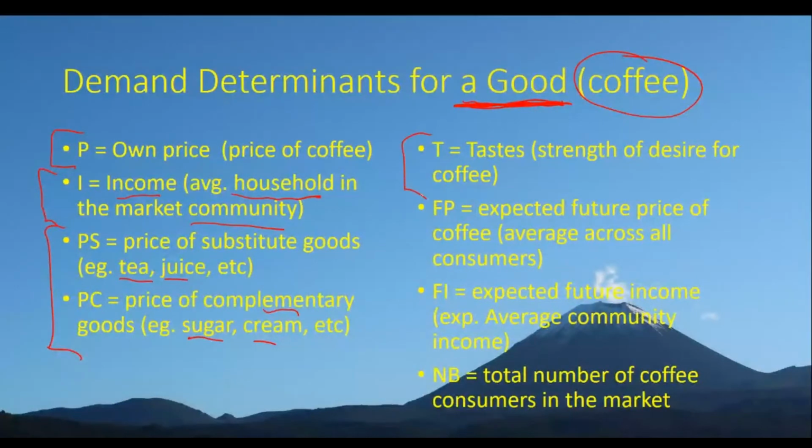Okay, we've got some other variables listed here, like T for tastes. This is kind of like utility. You're getting utility because you like coffee, and some people like coffee more than others. And so we might want to represent those stronger or weaker desires for coffee by incorporating another variable into the mix, like T for tastes. Now this one's problematic because there's no way to measure your tastes or how much you like oranges versus apples compared to another person.